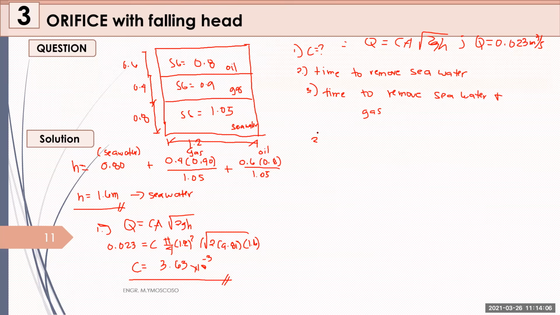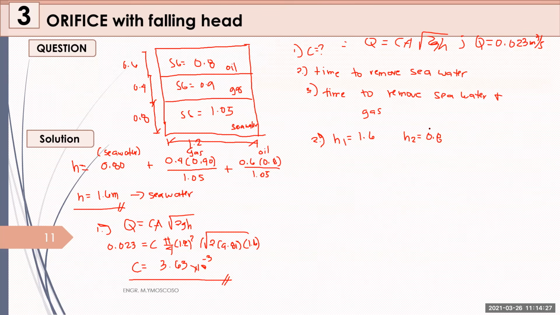So for number 2, time to remove the sea water. Okay, time to remove the sea water. So take note that yung H1 na kinonsider natin, that would be equal to 1.6. Okay? For our H2 to be considered is yung 0.8. Bakit 0.8?